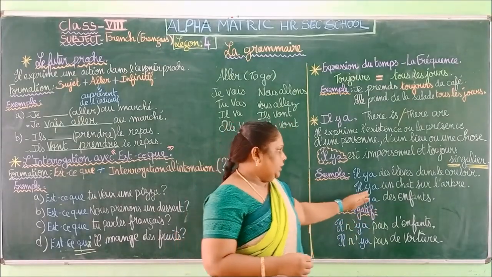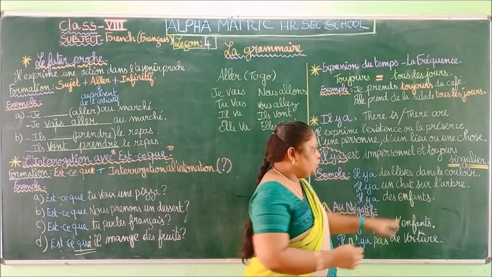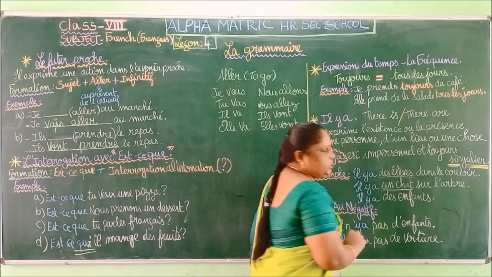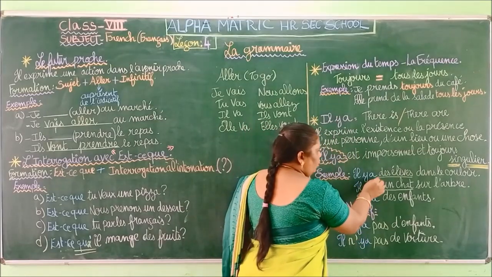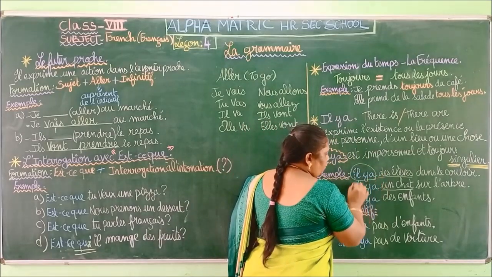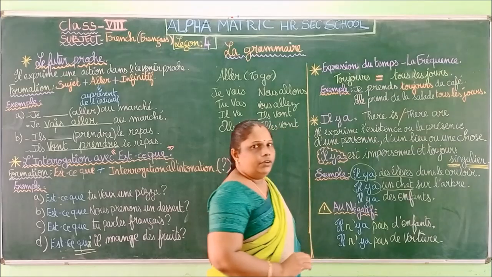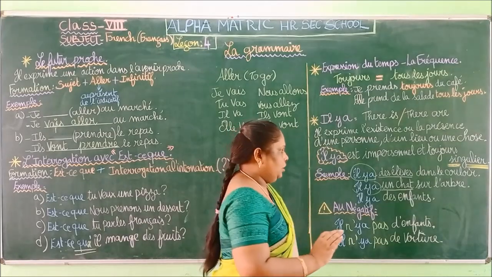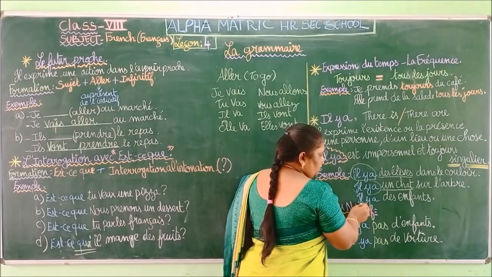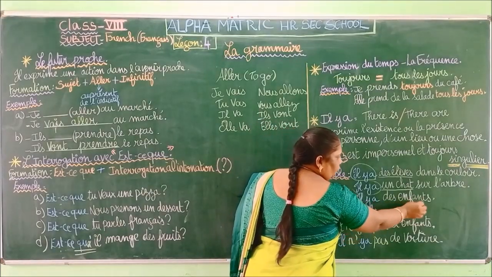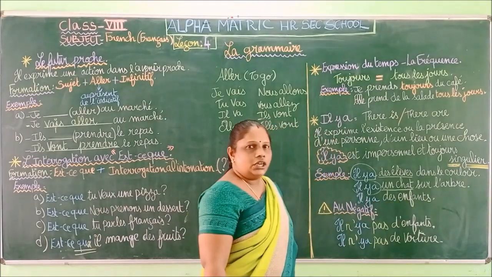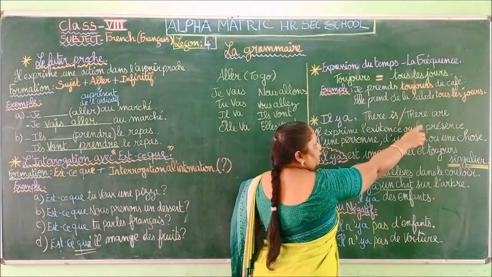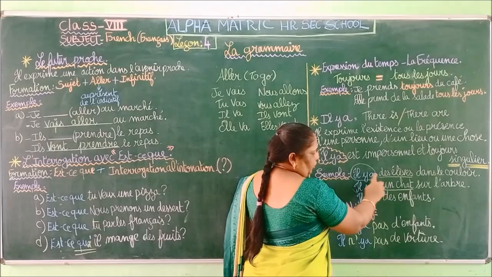So you can see here it is in plural. Here you can see in singular. So by comment, il y a is always singular, whether the sentence is in plural form or in singular form. So next one you can see il y a des enfants. There are children. Okay, so as I told you, there is or there are in French.